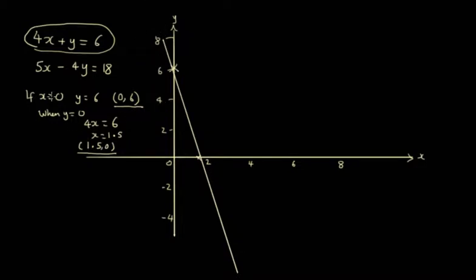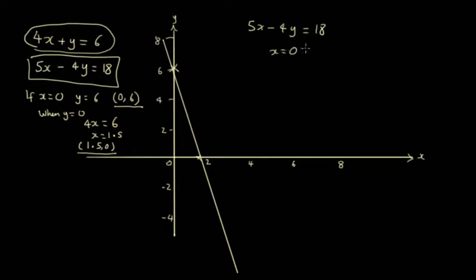Now we're going to look at our second line. So I'm going to do the working for up here. 5x minus 4y equals 18. So again, let's consider the points for this one. Let's consider when x equals 0.